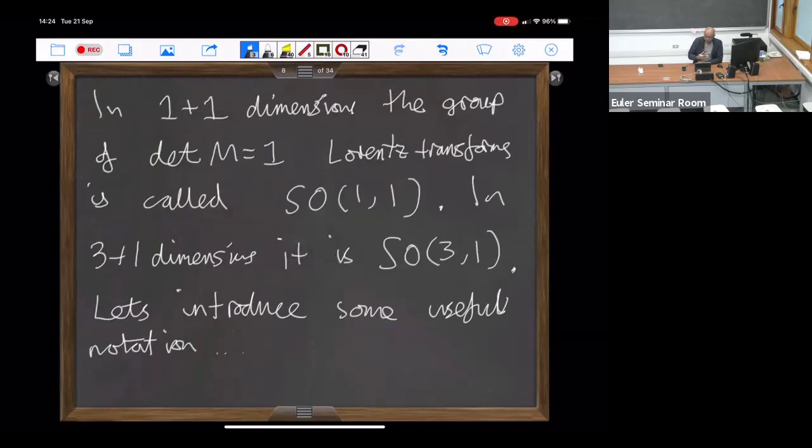And because of this, in 1+1 dimensions, the group of determinant 1 Lorentz transformations is called SO(1,1). That's because you've got 1 space direction and 1 time direction. And in 3+1 dimensions, it's called SO(3,1).